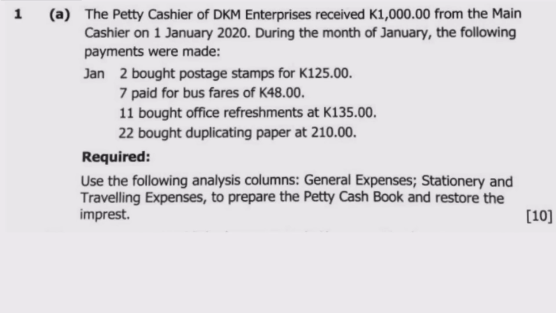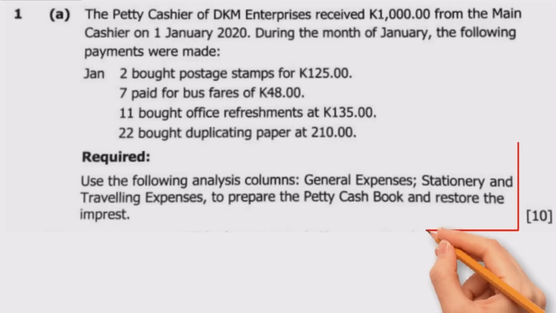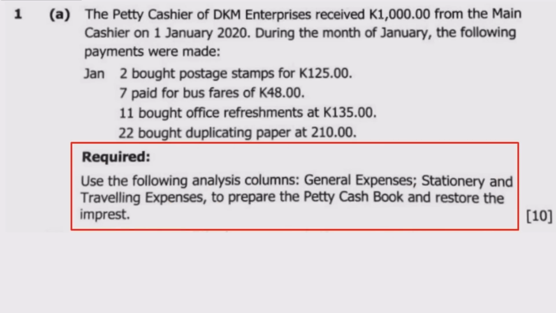Okay, so those are transactions that were made in the month of January from the money the petty cashier received. What are we required to prepare?